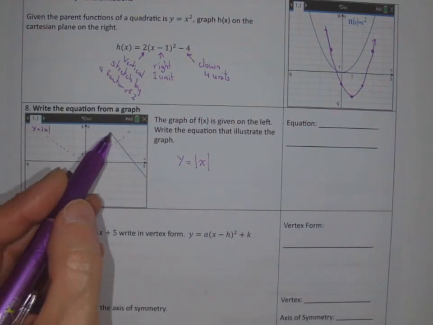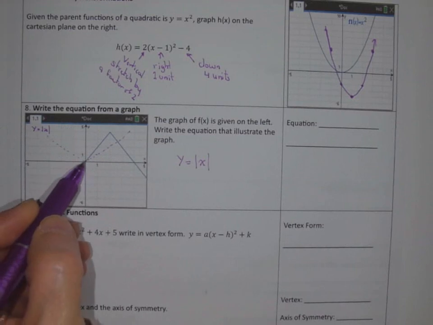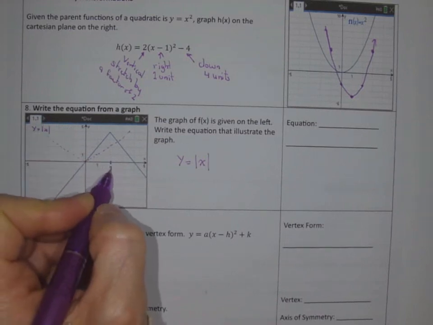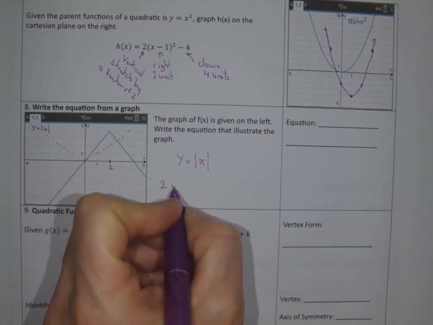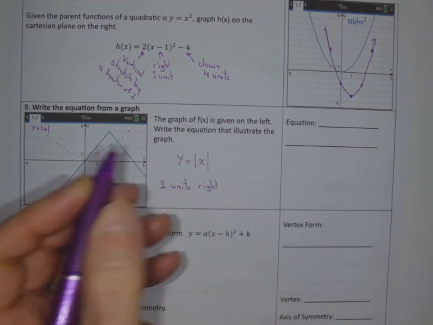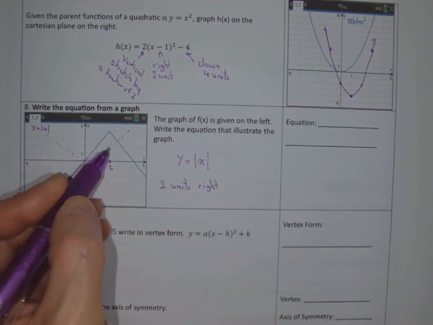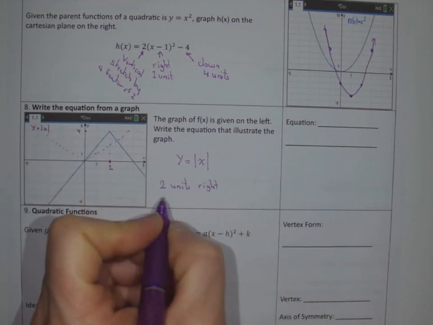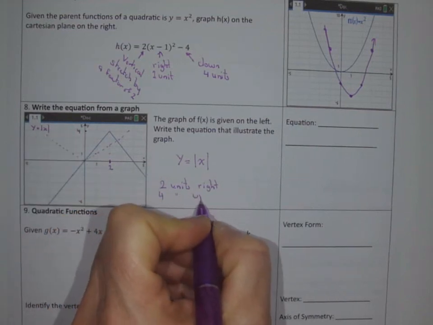So the graph I'm looking at has been translated 2 units to the right. Then it has been translated 4 units up, right? That's a 4. So 4 units up.